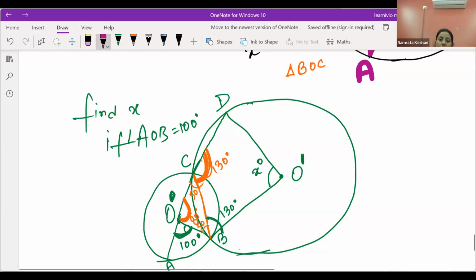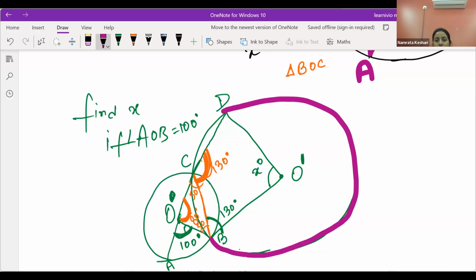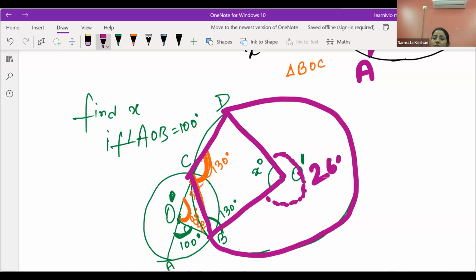And there is an arc which is creating an angle at the center and an angle on the circumference, right? Yes, ma'am. This angle I'm talking about will be double of that, so it will be 260. Yes or no? Everyone, are you getting it?